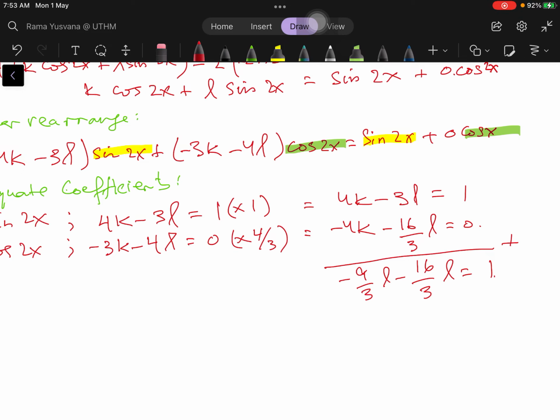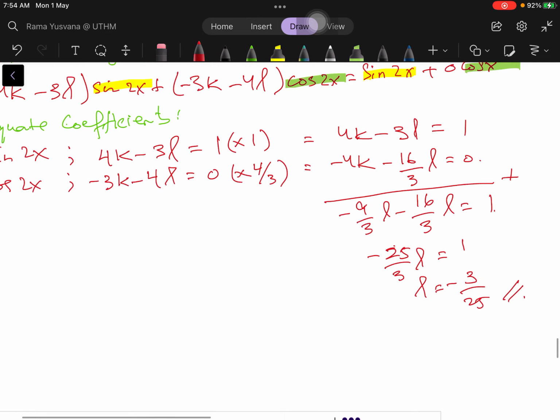Okay, so now I get negative 25 over 3 l equals 1, which means our l is negative 3/25.